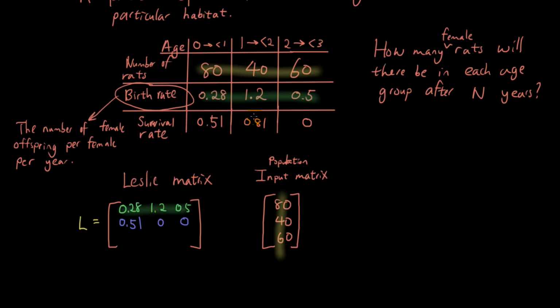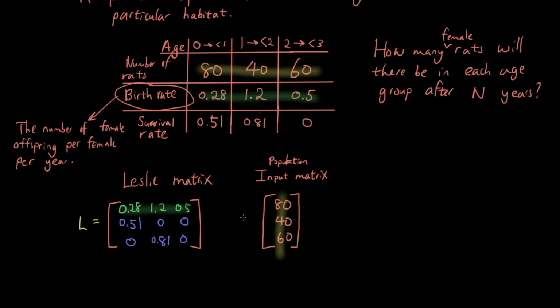Then you put the survival rate for the second age group, 0.81, underneath the birth rate of the second age group, underneath the 0, so it's going to be over here. And you're going to fill in zeros in the other 2 sections of that third row, and you'll see why we're doing this pretty soon.